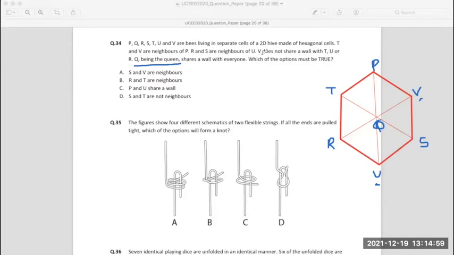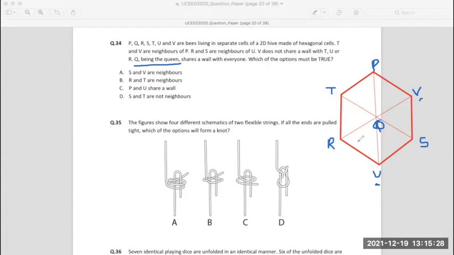It says V does not share a wall with T, U, and R, which is true in this kind of setting. So roughly I'm there. And the fourth condition says Q, being the queen, shares a wall with all the other bees, so it naturally has to be placed in the center. Otherwise, it will be sharing with only 3 people.